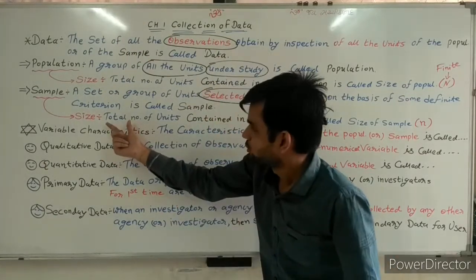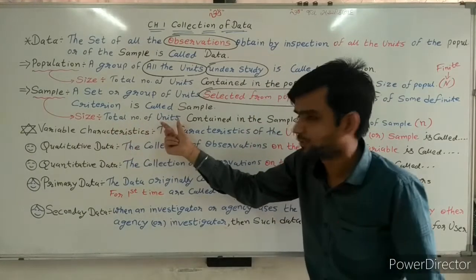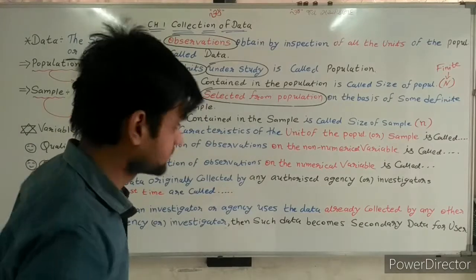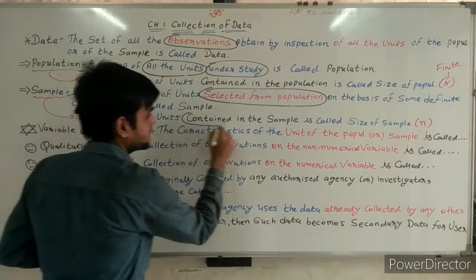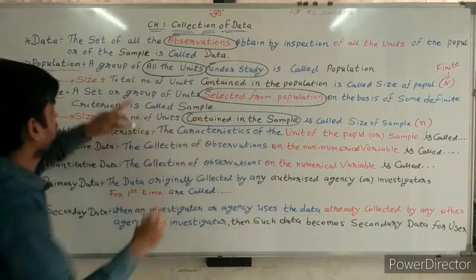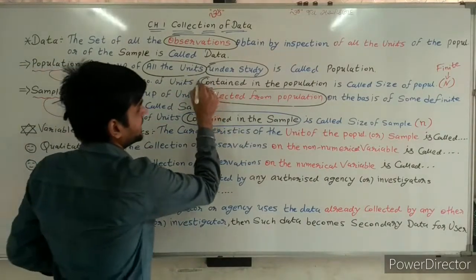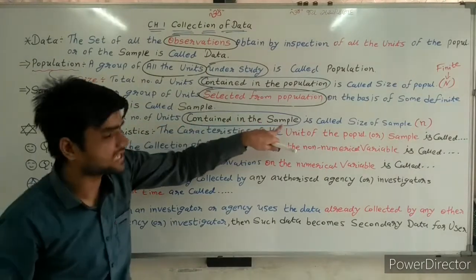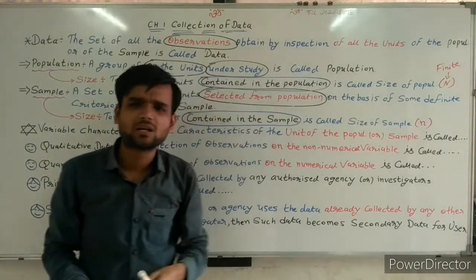So see, the total number of units contained in the population is the population size. Here the total number of units contained in the sample is called the size of the sample. Simple.